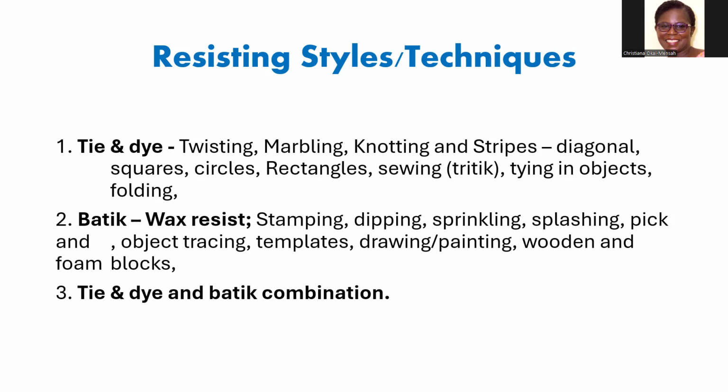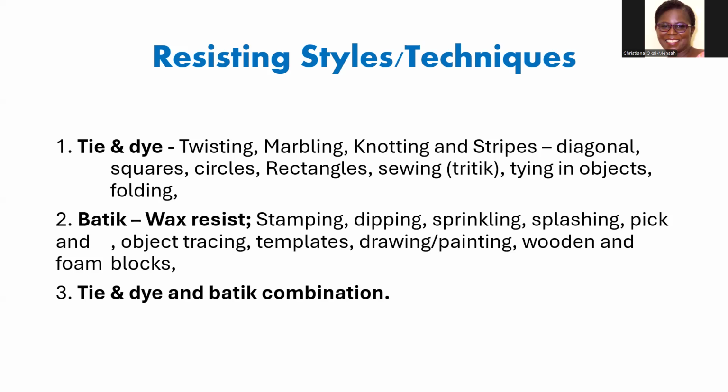Then the batik is where you use wax. The wax can be applied by stamping it, dipping the fabric, sprinkling, splashing, or pouring on the fabric. You can also draw something, which is object tracing. Then you have templates, you have drawing.